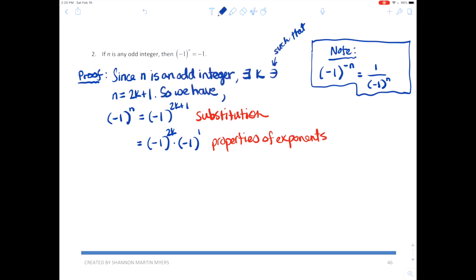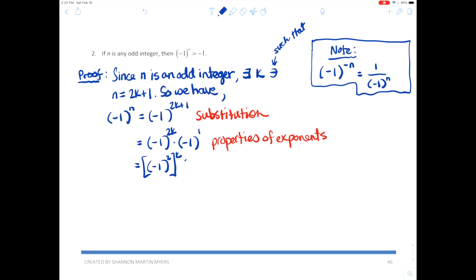Okay, so we're getting there. The first part, we could say, again, by properties of exponents, that would be -1 squared raised to the k. And then -1 to the 1 is just -1.